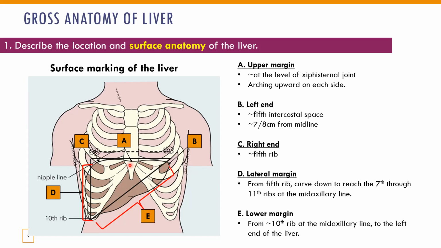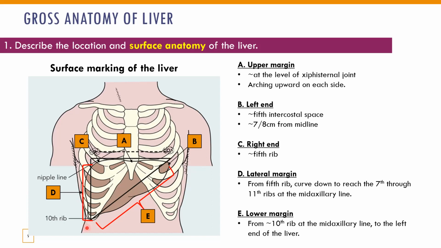To the right, it's up until the fifth rib before it curves down to reach the 7th rib. From the 7th rib until the 11th rib it is at the mid-axillary line.